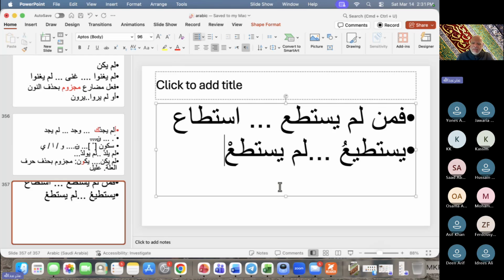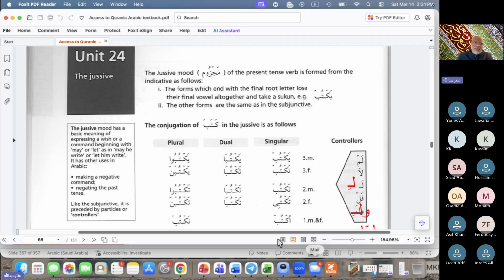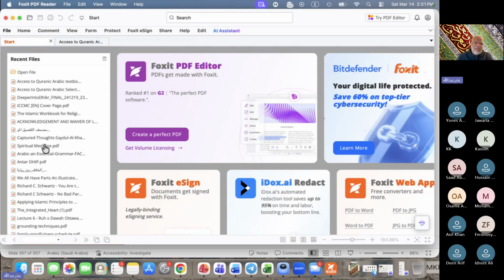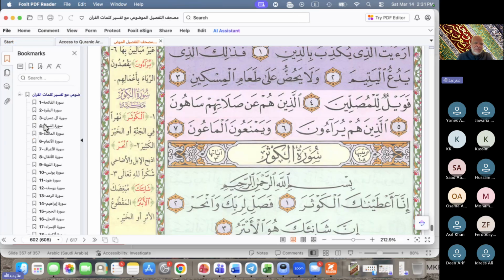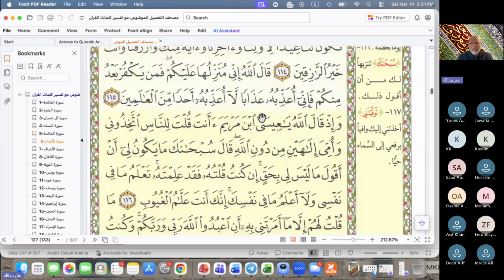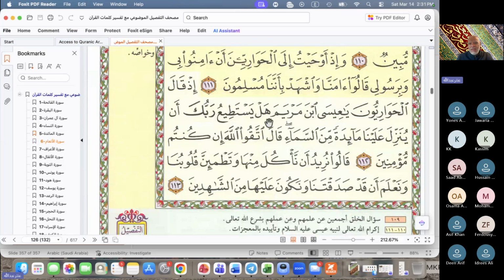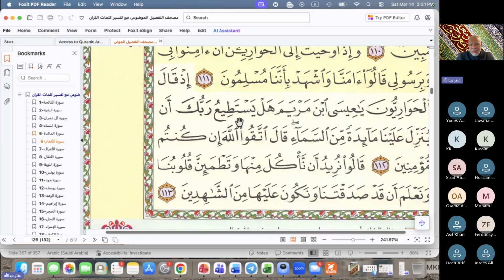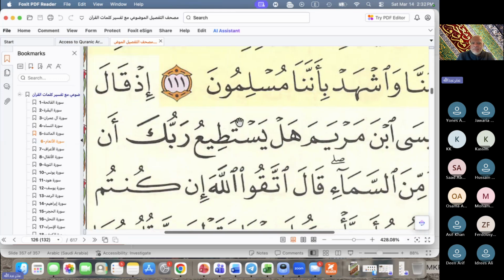In Surah Al-Ma'idah, Allah subhanahu wa ta'ala mentions that the companions of Sayyidina Isa asked him a question. They said, هل يستطيع ربك?